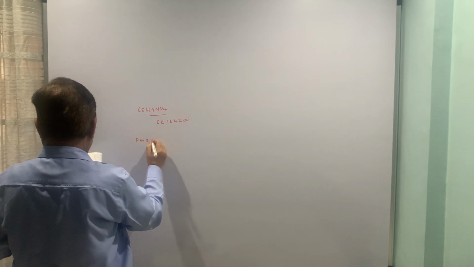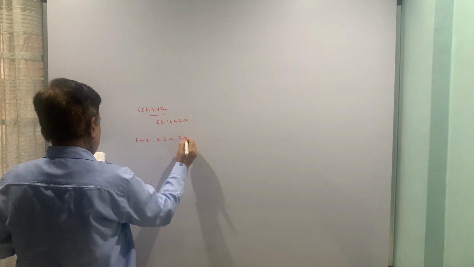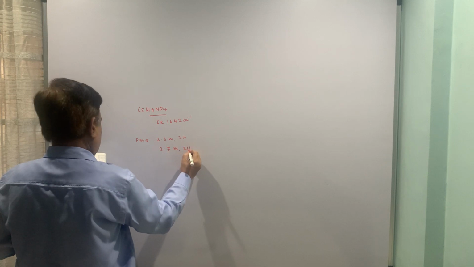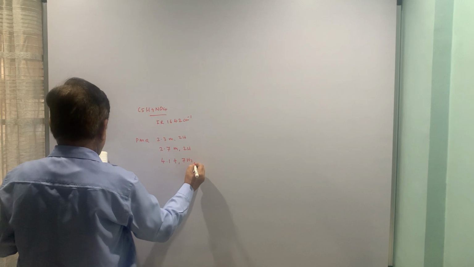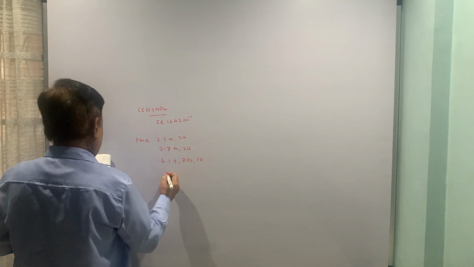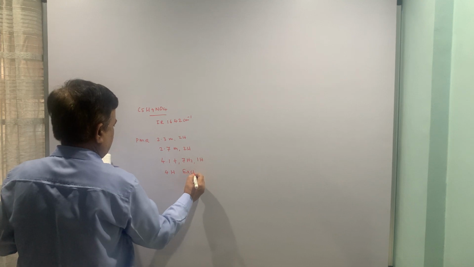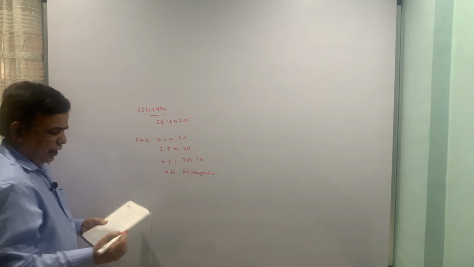PMR, this is a PMR problem, 2.3 multiplet 2 protons, 2.7 multiplet 2 protons, 4.1 triplet 1 proton, so all 5 protons are taken care of, 4 protons are exchangeable. So that is the hint.